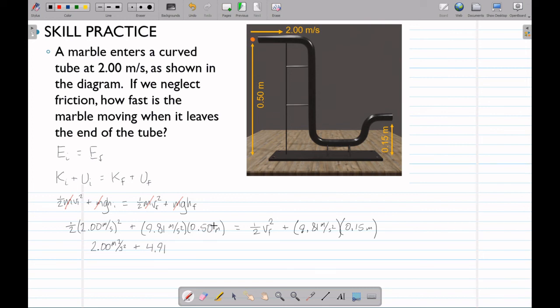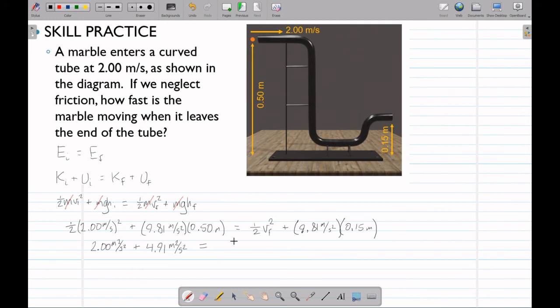Now technically I should round it to 2 sig figs, but because this is early in a multi-step problem, I'm going to keep 1 additional sig fig. Just remember, when we get to the end, we're going to have to round down to 2 significant figures. Meters times meters per second squared gives meters squared per second squared, which is good. Whenever we're adding 2 numbers, they have to have the same units.